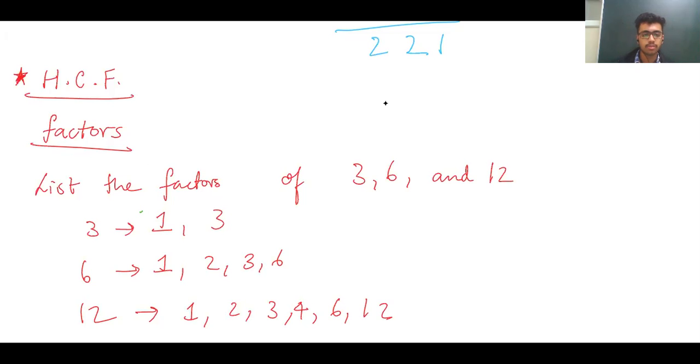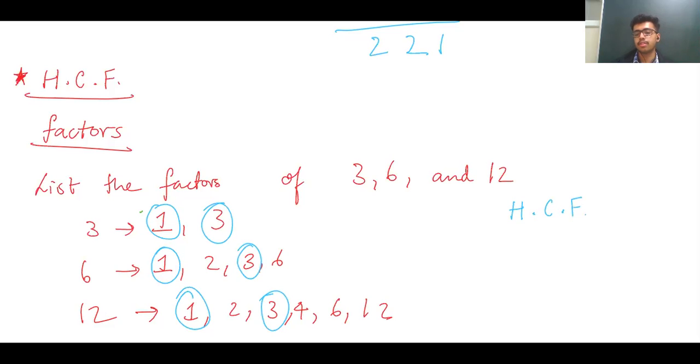Yes. So 1 is common for all and 3 is common for all. Now which is the highest common factor? 3. So HCF is nothing but the highest common factor. In this, the highest common factor is 3. So the HCF of 3, 6 and 12 is 3.